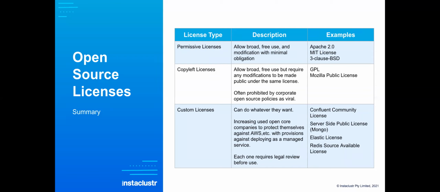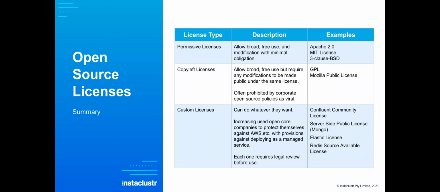The next type of license is what's colloquially known as a copyleft license. Those licenses allow you to use the software, but require you to make any modifications to the software public under the same license.